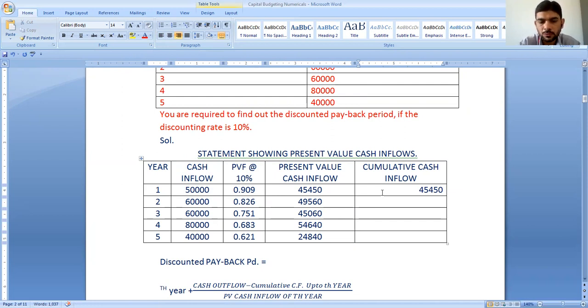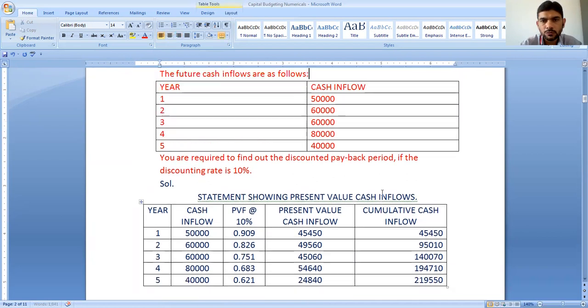For year 1 and year 2, it will be 95,010. 95,010 plus 45,060, it will be 1,40,070. Adding 54,640 for the fourth year, it will be 1,94,710. For the next, it will be 2,19,550. Now again, we will check the outflow.